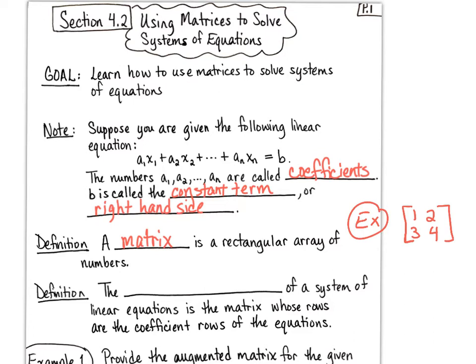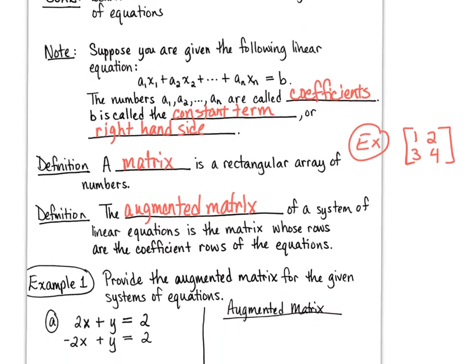The augmented matrix of a system of linear equations is the matrix whose rows are the coefficient rows of the equations. So let's look at an actual example of this concept.